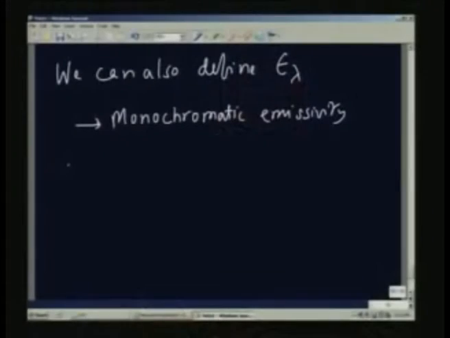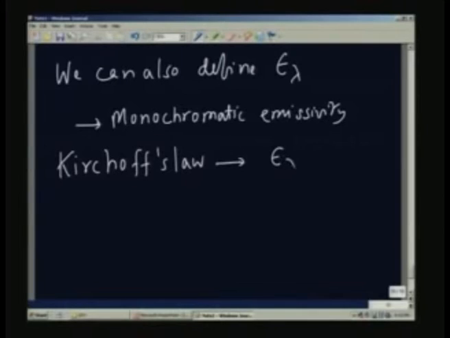And there is a law called Kirchhoff's law, which says that the monochromatic emissivity and the absorptivity are exactly the same. So, epsilon lambda equal to alpha lambda. This is your Kirchhoff's law. So, let us leave it at that.